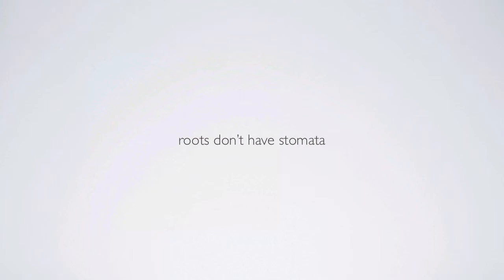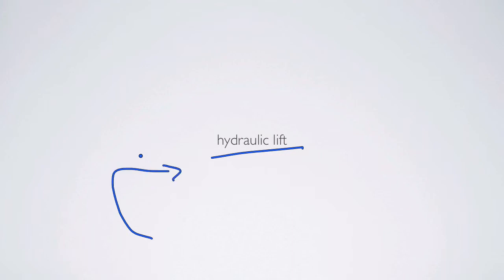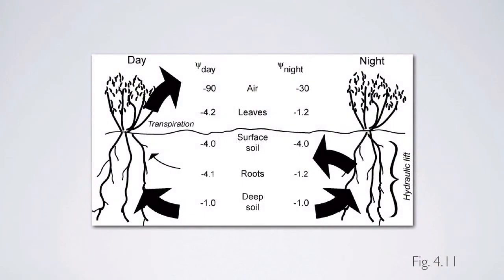But as soon as that water stops being pulled through a plant, water can also leave the root. In some situations, you can have what's called hydraulic lift. Hydraulic lift is movement of water through plants, and instead of going into the atmosphere, it goes back into the soil. And here's a diagram of what happens with hydraulic lift.